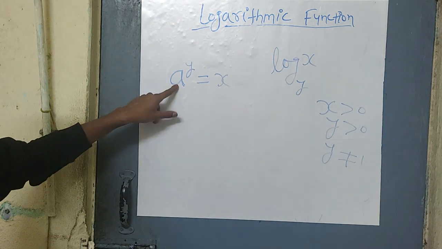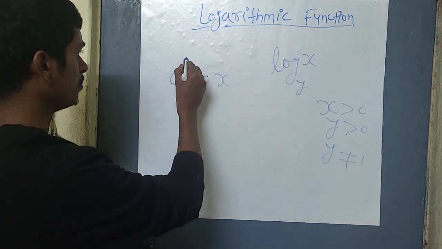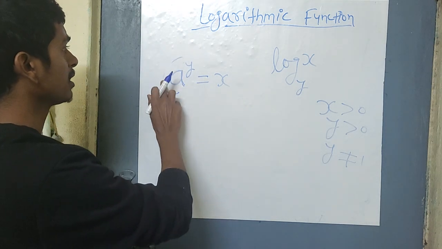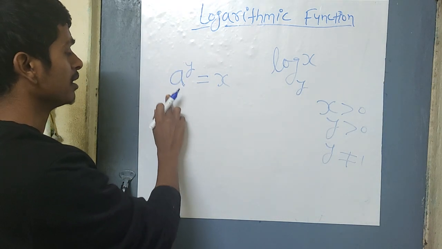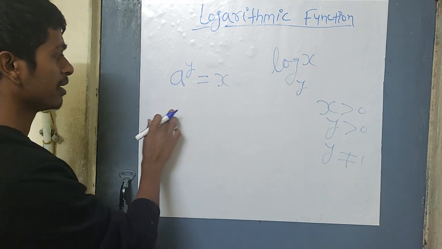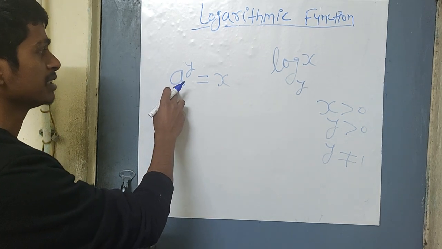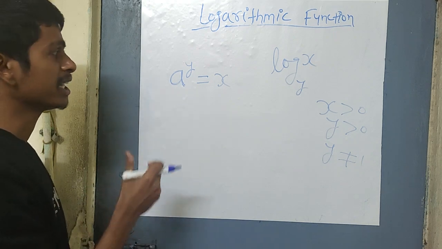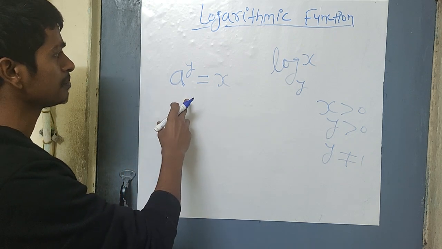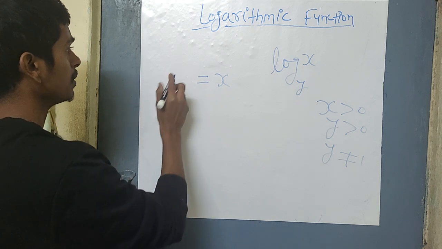You cannot take the base arbitrarily, because in an exponential you cannot take the base as negative. Here I am taking, suppose, y to the power a equal to x.